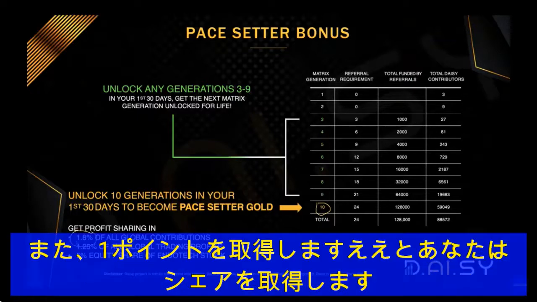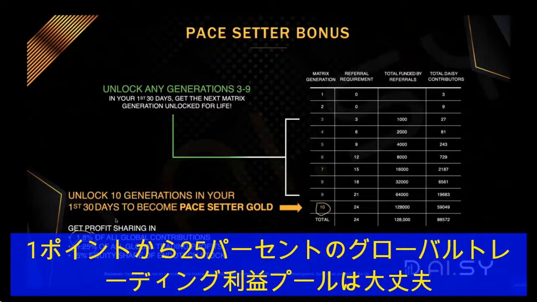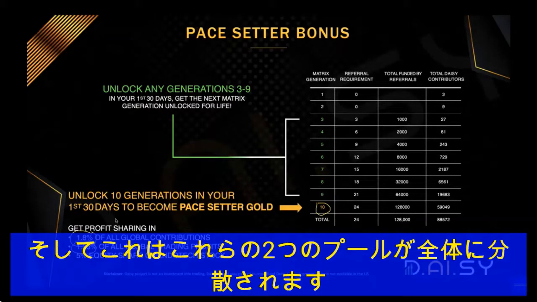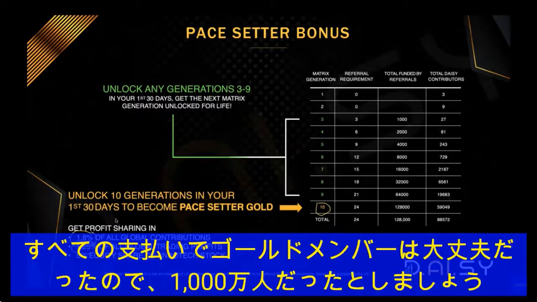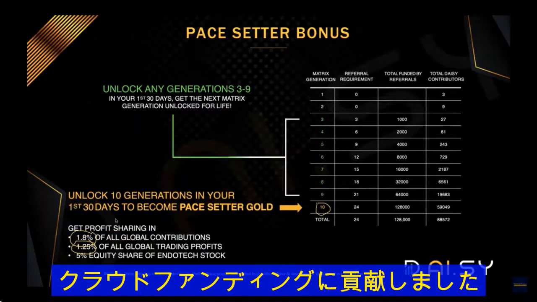And you will also get a share from a 1.25% global trading profit pool. Those two pools will be distributed across all Pacesetter Gold members. So let's say 10 million was contributed to the crowdfunding.